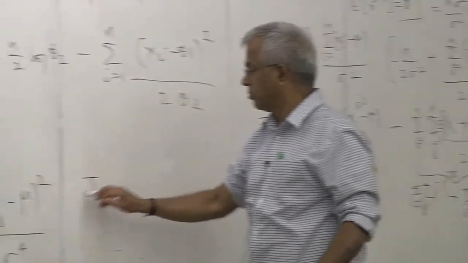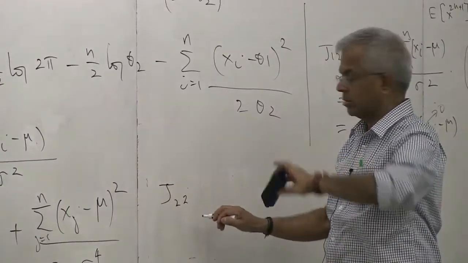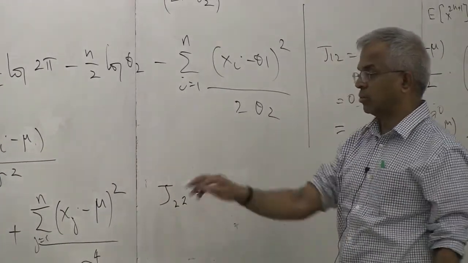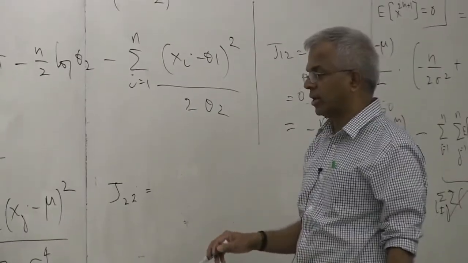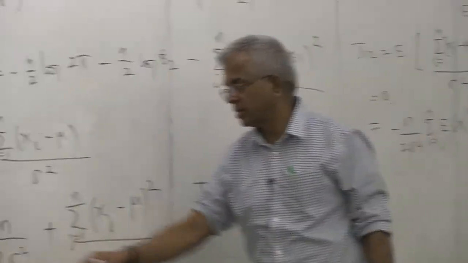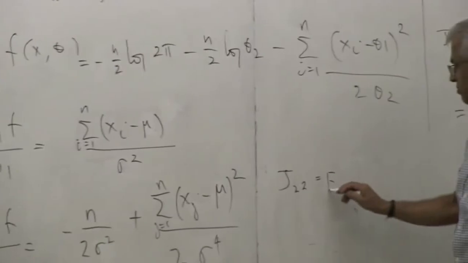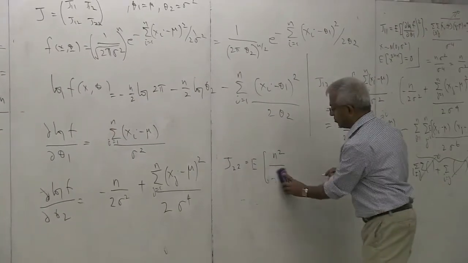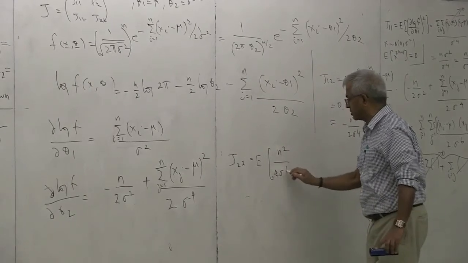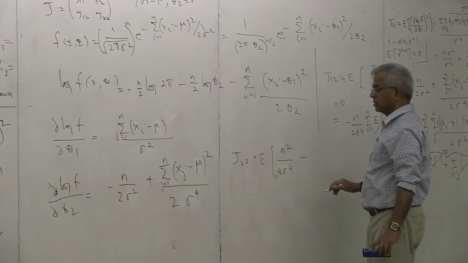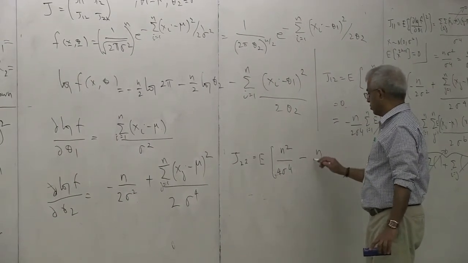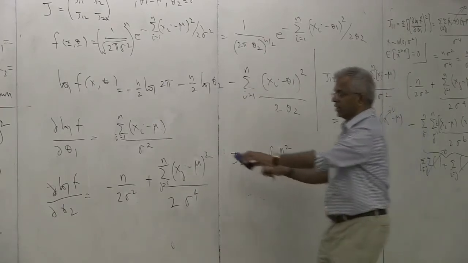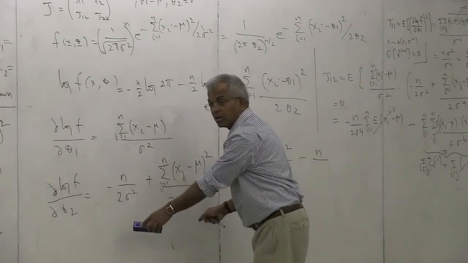And J22, we have to square this. So let me do it a little quickly. Let's square this. That's going to be expected value of n squared over 4 sigma to the 4, minus n over, remember I have to square this, right?